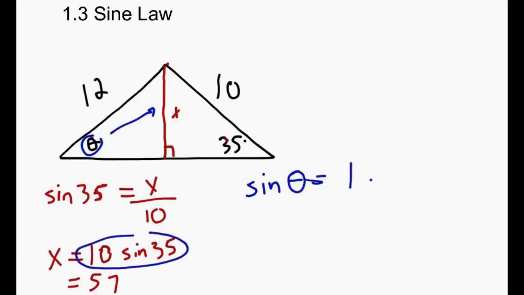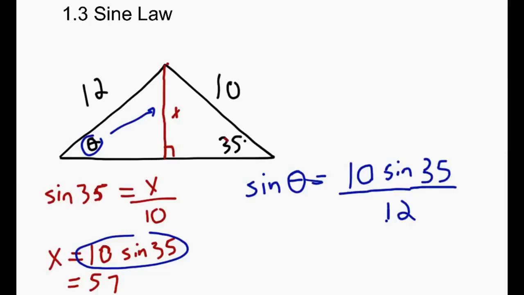So it would be 10 times sine 35. Okay. And so that would be our opposite, and then we would divide it by 12. So we could do it by breaking it into two triangles and then finding the one missing side and then using that answer to find the other angle.